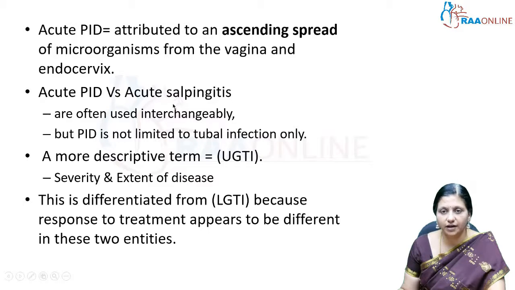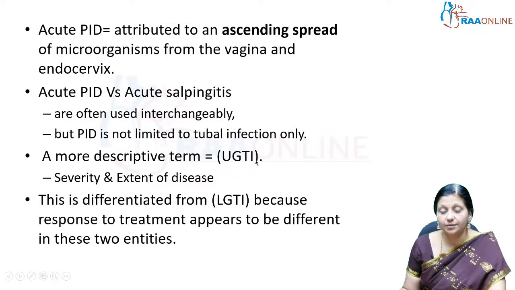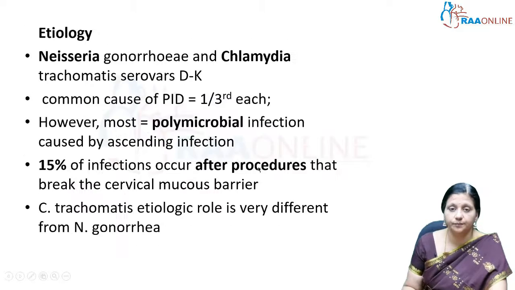Salpingitis is affection of the fallopian tube, whereas in pelvic inflammatory disease we can involve the endometrium, oophoritis or pelvic peritoneum. So a more descriptive terminology is upper genital tract infection, and it can be differentiated from lower genital tract infection because response to treatment is different in the upper and lower genital tract infection. The terminology used interchangeably for upper genital tract infection is pelvic inflammatory disease.